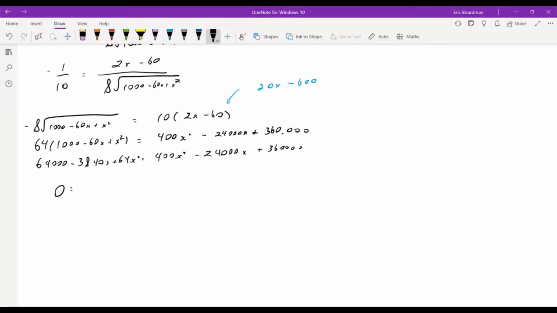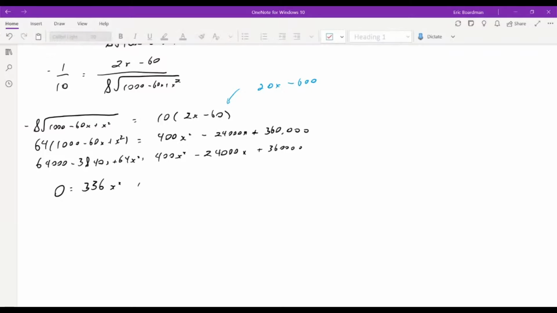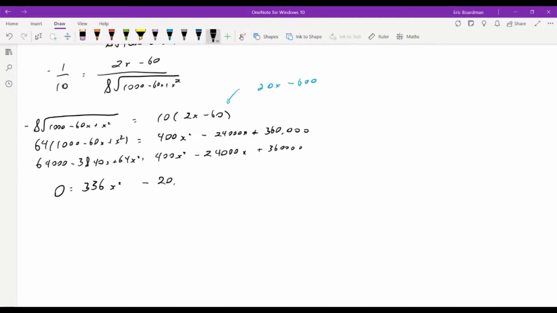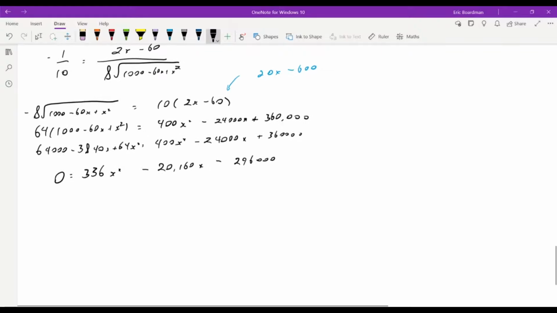So we're going to have 0 equals 400 minus 64, which is 336x squared. We have minus 24,000 plus 3,840, which is just negative 20,160x. And then we have 360,000 minus 64,000, which is just 296,000.